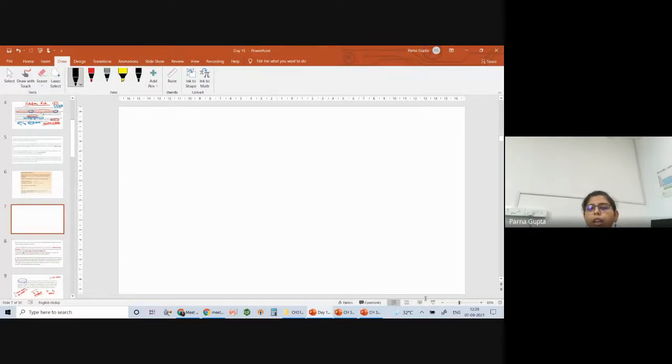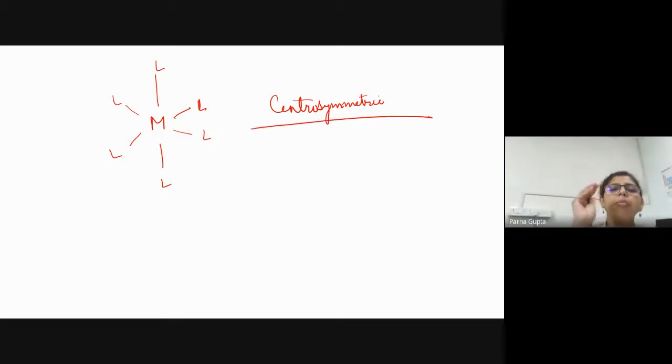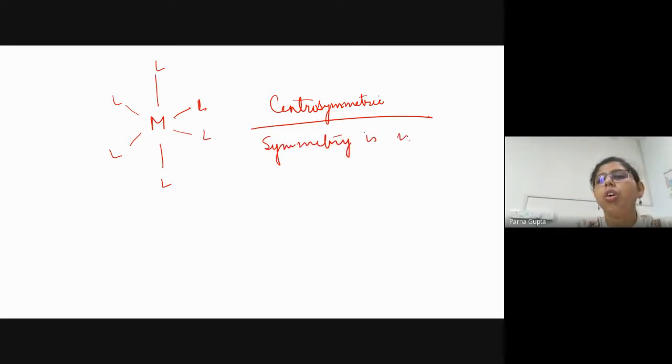So the first thing is that what we draw is the exact octahedral, right? An exact centrosymmetric molecule. So if for some reason this symmetry is not maintained, what could be the reason?